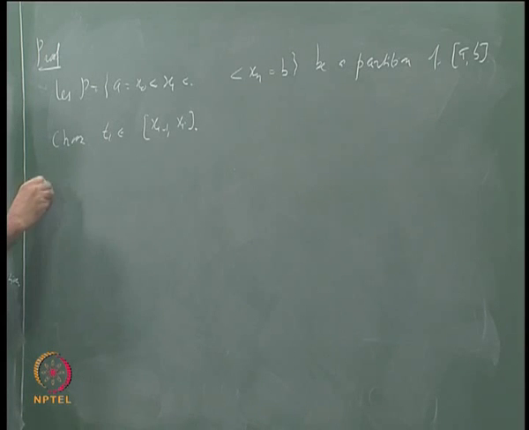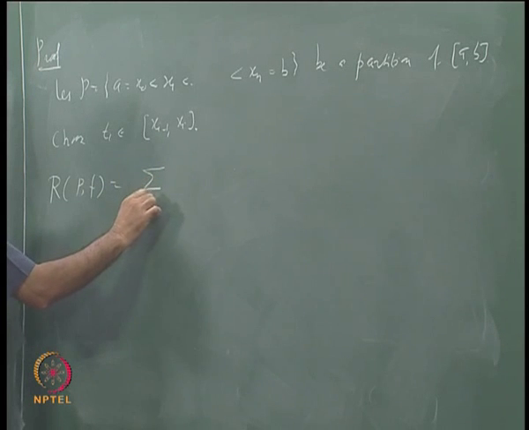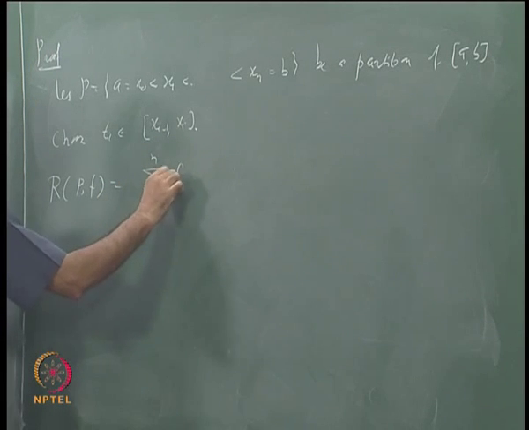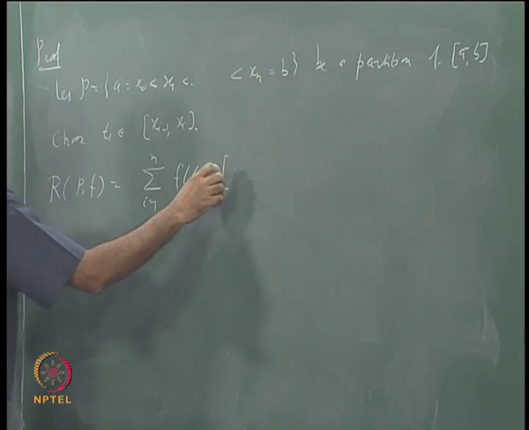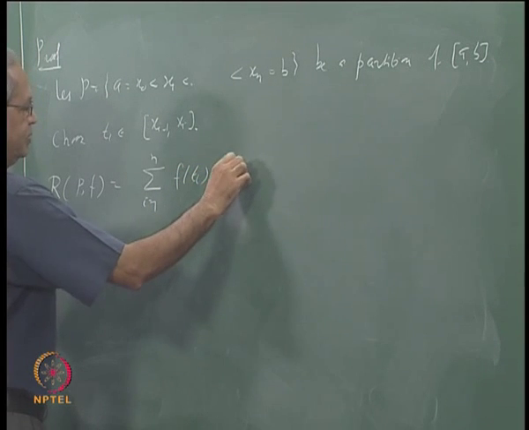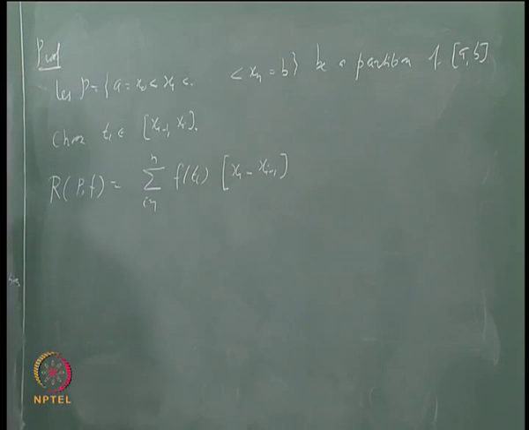Then form the Riemann sum R(P, f), that is the same as the sum over i going from 1 to n of f(ti) multiplied by, instead of delta xi, I will write it as xi minus xi-1.